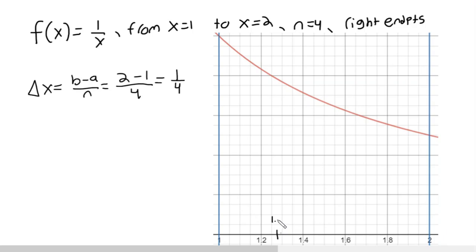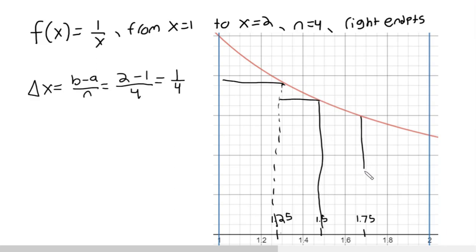So I'll label 1.25. Then we go over 1/4 more, so 1.5, another 1/4, so about 1.75, and then another 1/4, and we get to 2. If you do that and draw your rectangles, they'll be at these points. It looks something like this. Again, these are really bad rectangles, so don't even try to copy this.